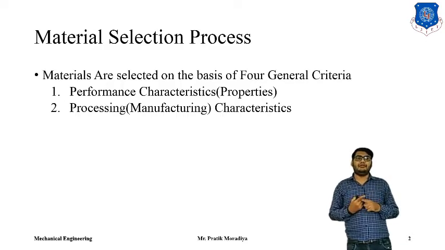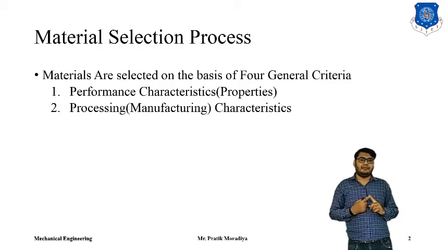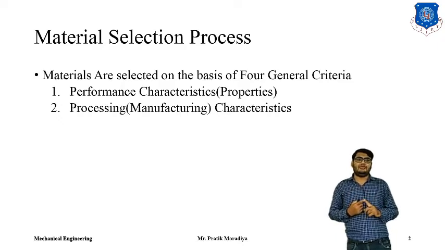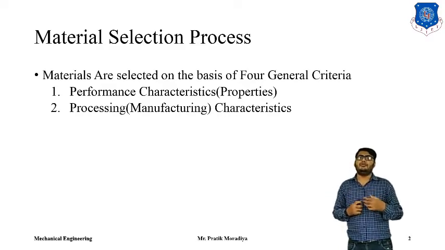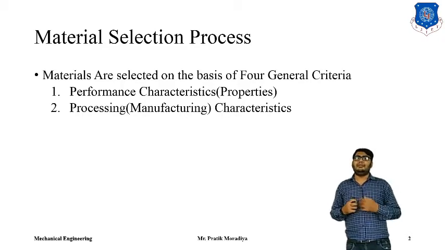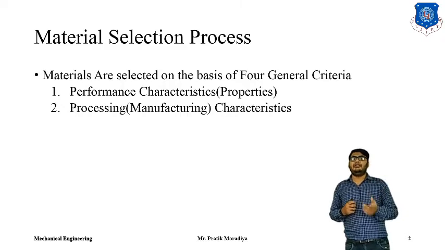Now, if I compare those three, then titanium alloys are the strongest, but they are very difficult to manufacture as well. So, instead of just focusing on performance, we also ask whether we can easily manufacture with those materials, with the required surface finish and the required features.